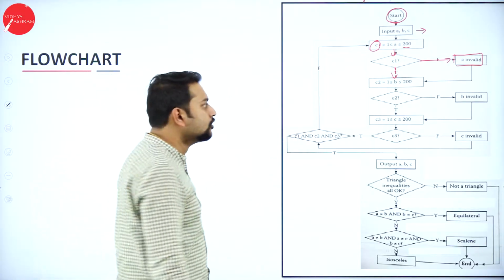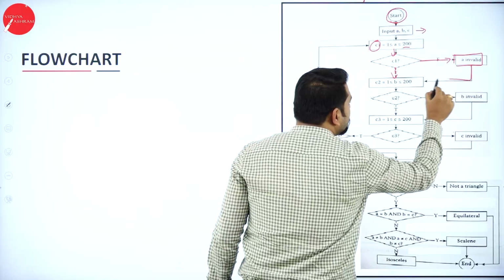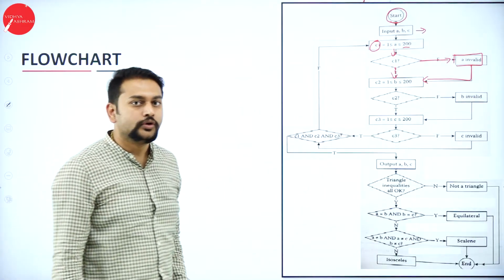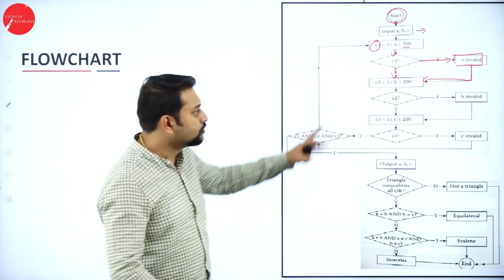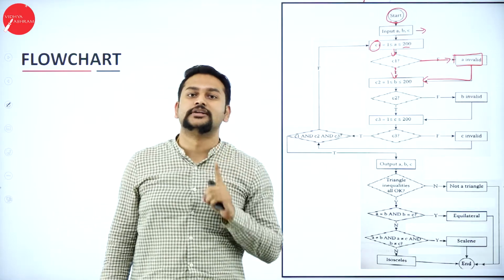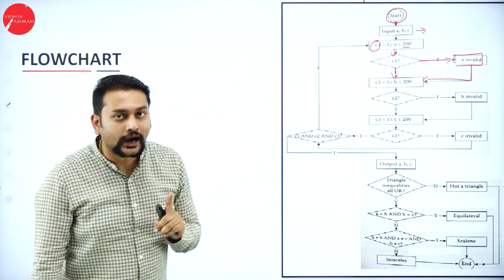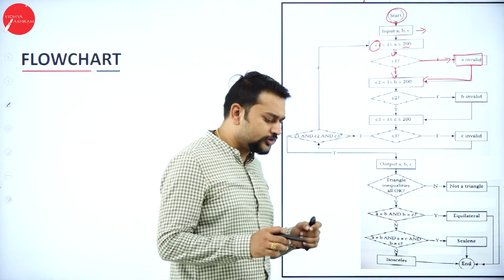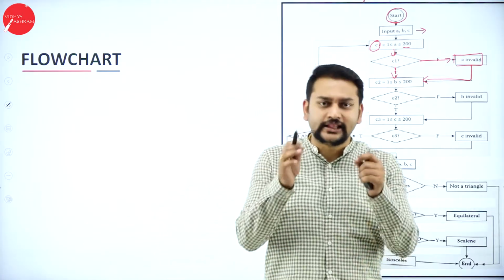After saying invalid, it again goes to the next one, the second condition, C2. If the condition is true, without saying invalid, it will go to the second condition. That's what you need to understand. Whenever you enter the value for A, it should be in the range.